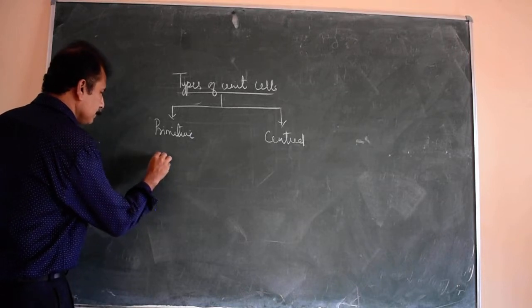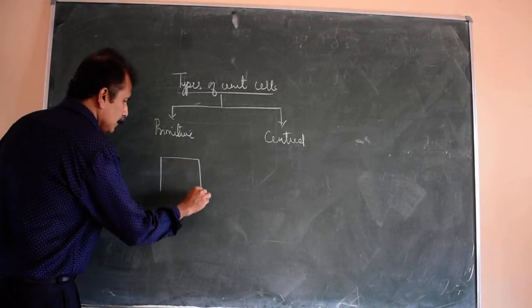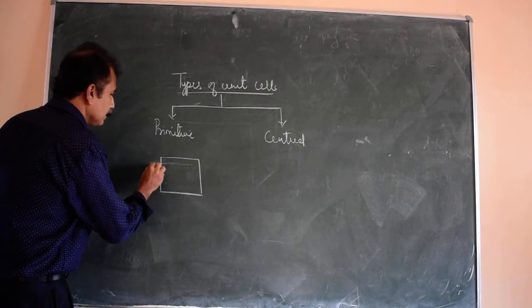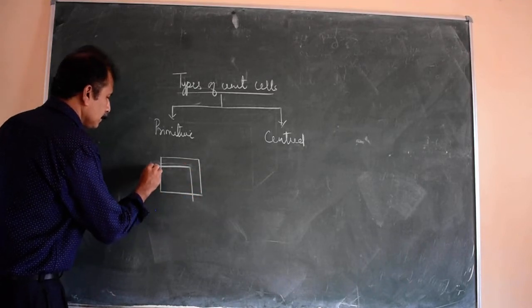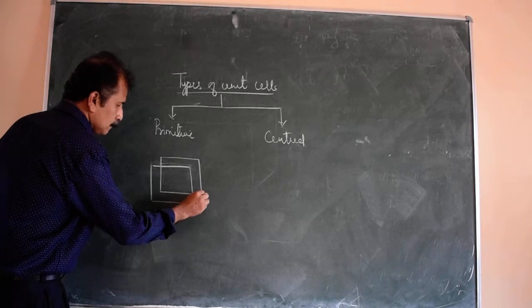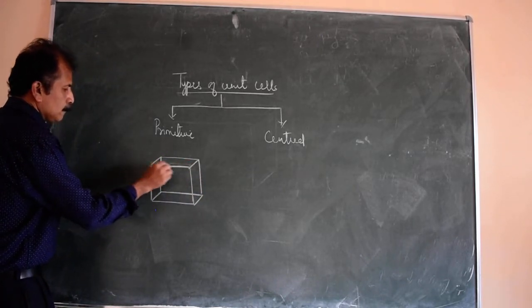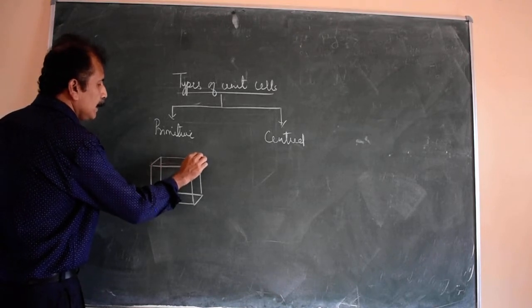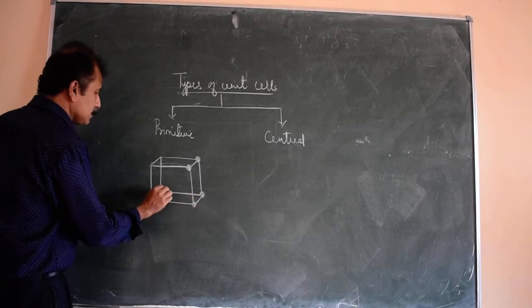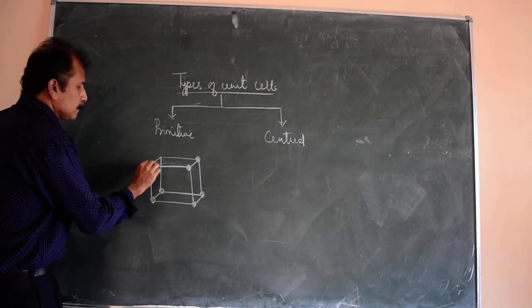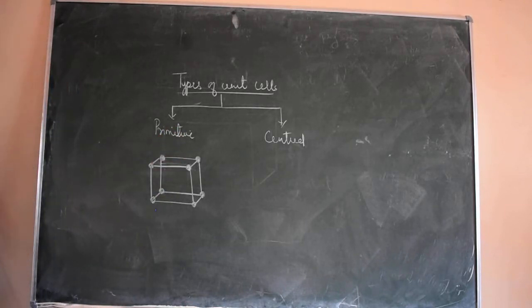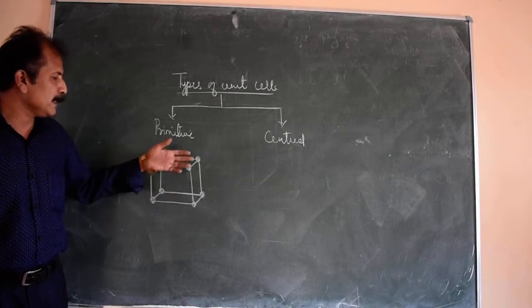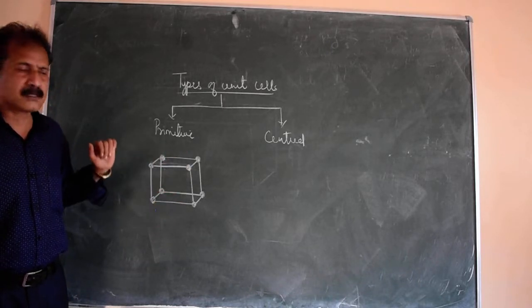In a primitive unit cell, the particles will be occupying the corners. If there are particles present at the corners of this unit cell, there are 8 corners, so 8 corners will be occupied by 8 particles, then it is called a primitive unit cell. Centered means other than those at the corners, there will be particles on any other surface or any other part of the crystal.